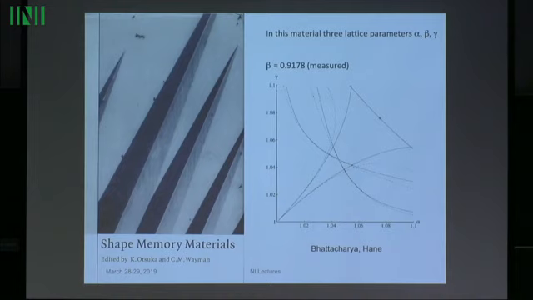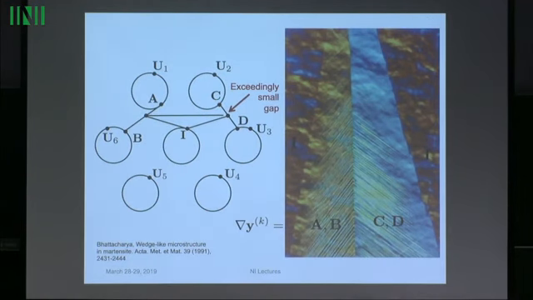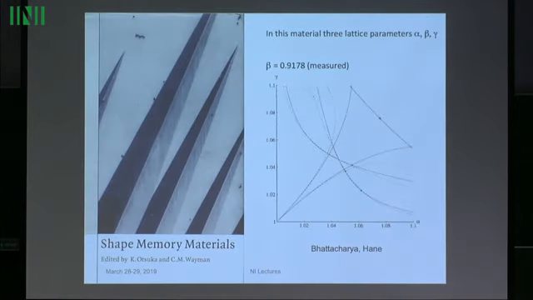The reason there are dashed lines and there are several lines is that there are various cases. You remember I could take A, have 2 rank 1 connections, and C, there's various choices, and that's represented by these lines. So the bottom line is, theoretically, if you put beta equal to 0.9178, and you lie on one of these lines, then this can be represented by an energy minimizing sequence. So that dot is the measured lattice parameter alpha and gamma of this alloy.